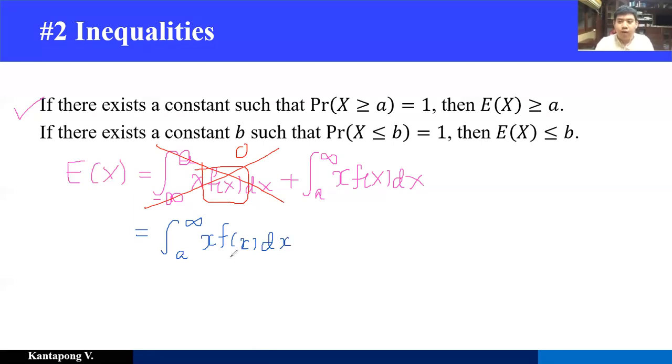But we know that f(x) is positive, or 0, for sure. So we can say that this is greater than or equal to the integral of a f(x) dx, because x is greater than or equal to a.